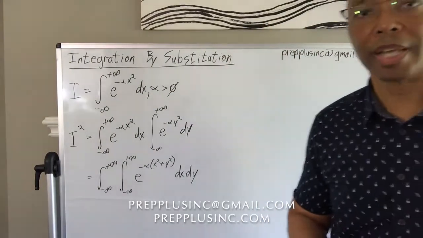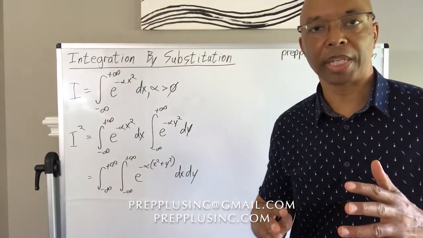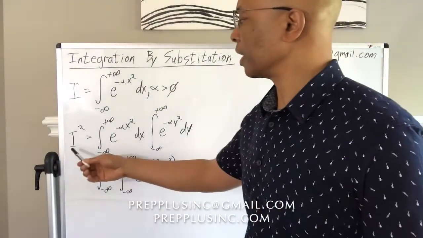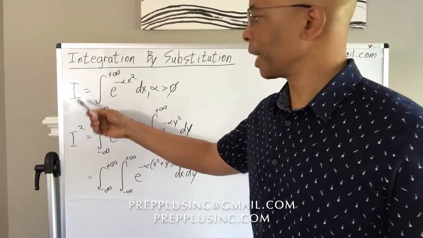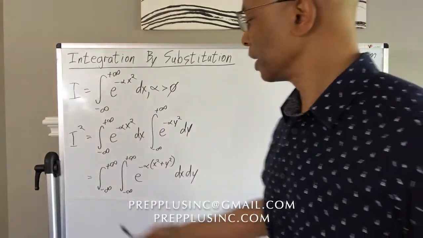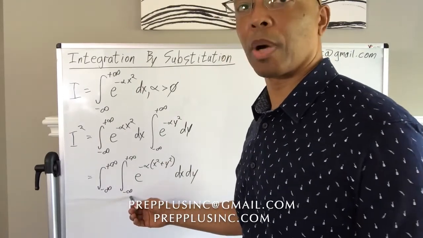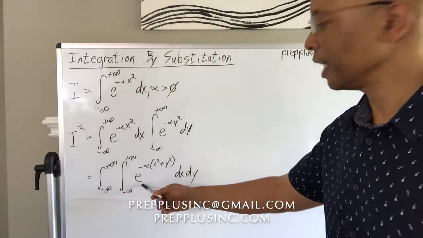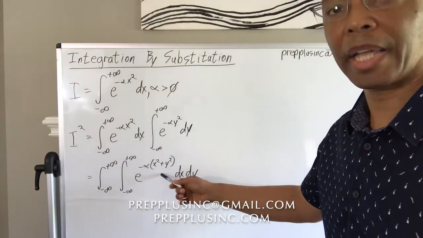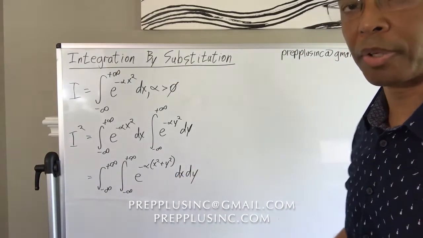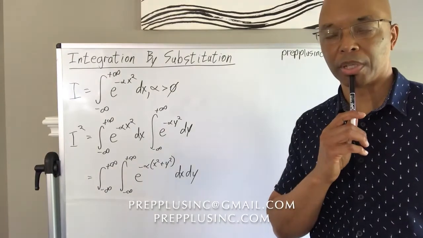Okay, so now I think we're getting somewhere. We started off with I. Now I squared is the integral over the entire x-axis and the integral over the entire y-axis of e to the minus alpha x squared plus y squared.